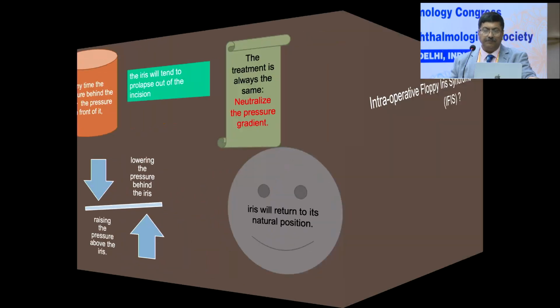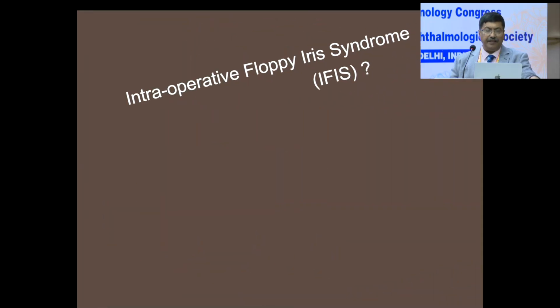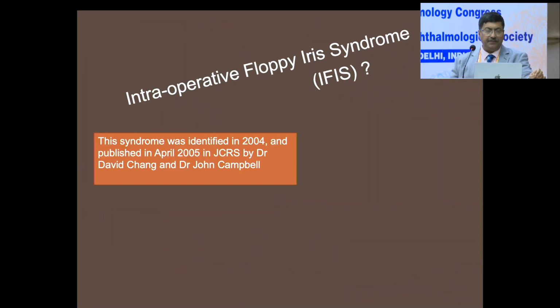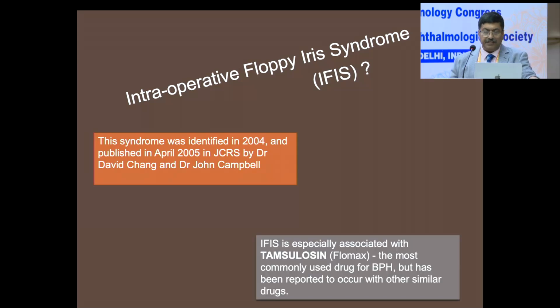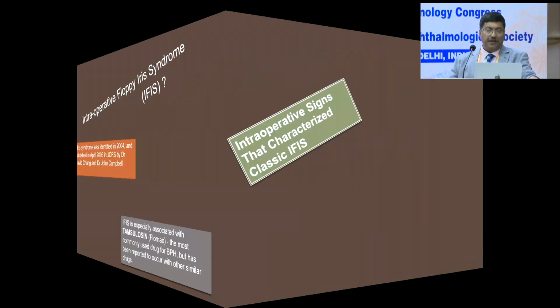Now, IFIS, intraoperative floppy iris syndrome, was identified in 2004 and published in 2005 by Dr. David Chang. We are seeing him in a very good move in the conference here, especially associated with tamsulosin, the most commonly used drug for BPH.